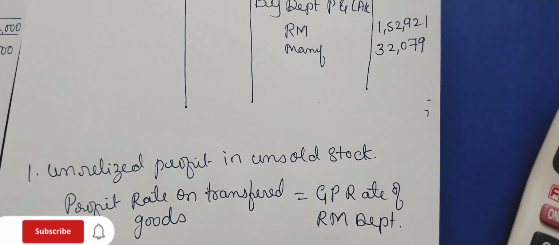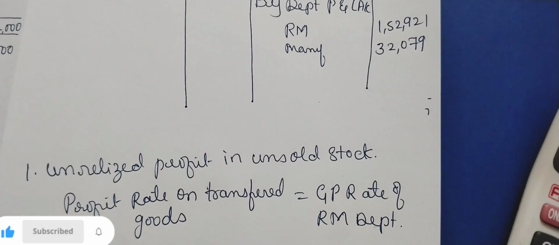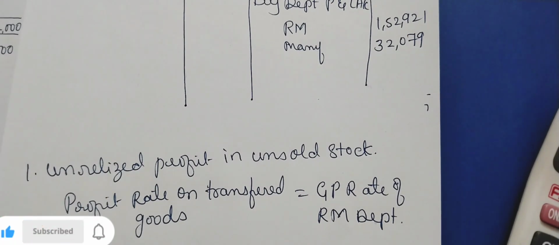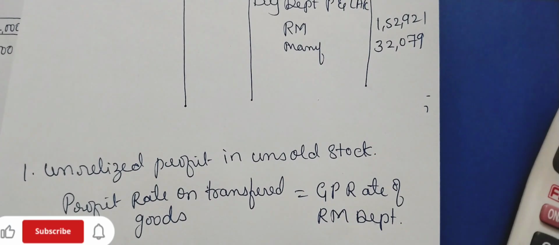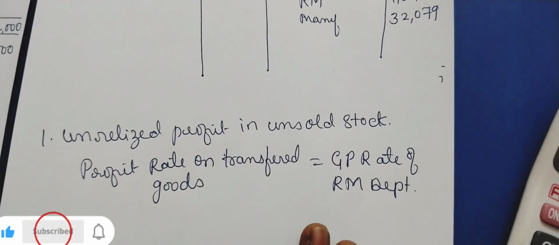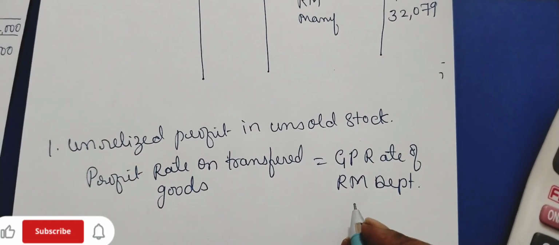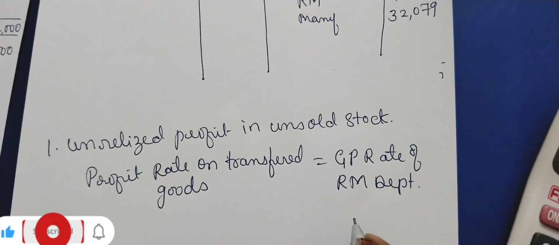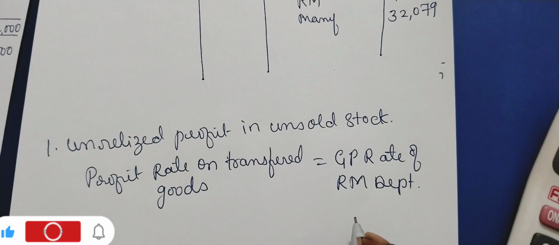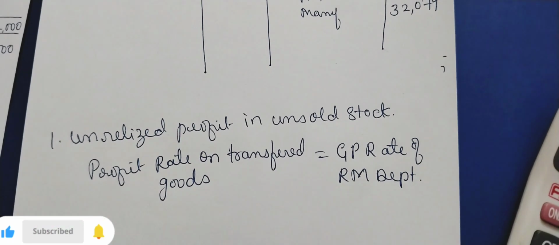Here we have sent goods, and we have considered it as a sale, but it is not actually a sale, it is an interdepartmental transfer, right? So for that, we are calculating for the raw material department, because the raw material department only sent goods to the manufacturing department.